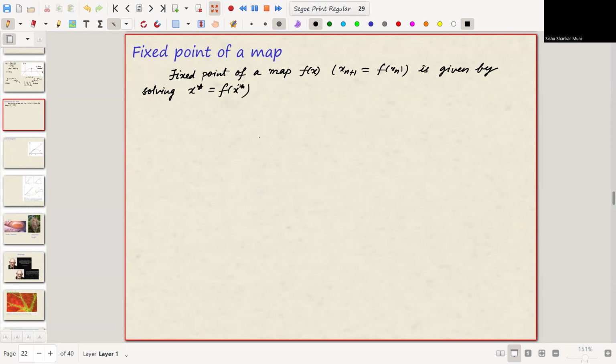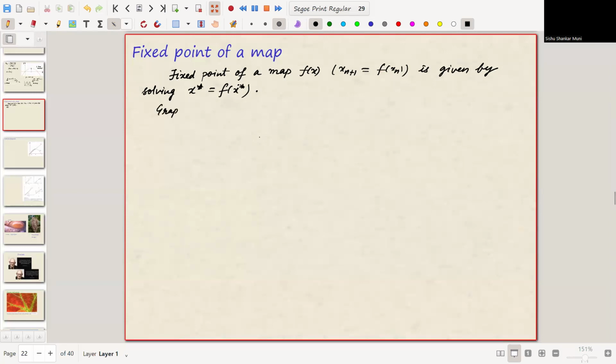This will work if you have more than one dimension. If it is two-dimensional, solve two simultaneous equations. If it is three-dimensional, solve three simultaneous equations. Anyway, we saw how graphically you can approach it.